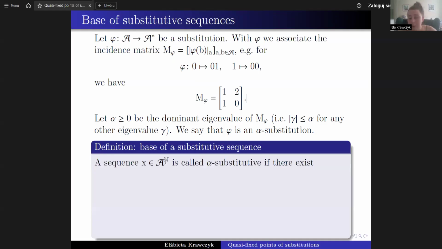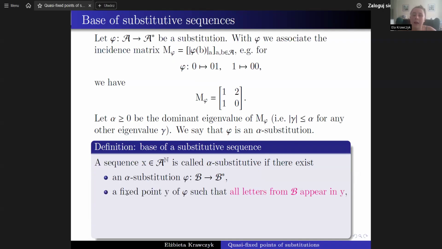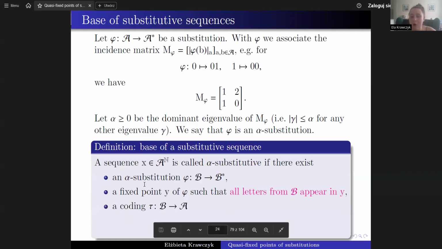And now my sequence is going to be called alpha substitutive, a definition due to Durand, I think, if there exists an alpha substitution and a fixed point of this alpha substitution such that all letters from my alphabet appear in this fixed point. This is a very important assumption here. And my sequence is given as some coding of this fixed point.